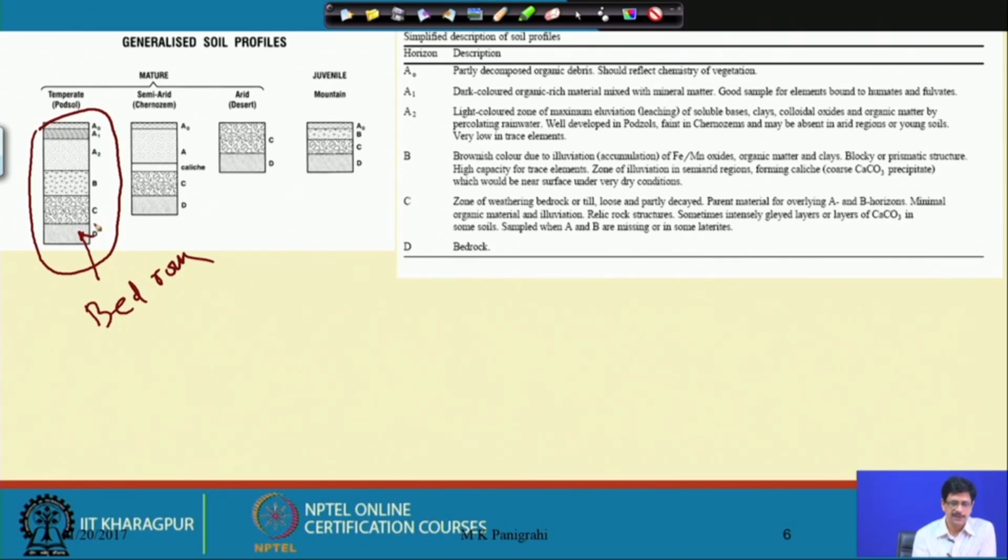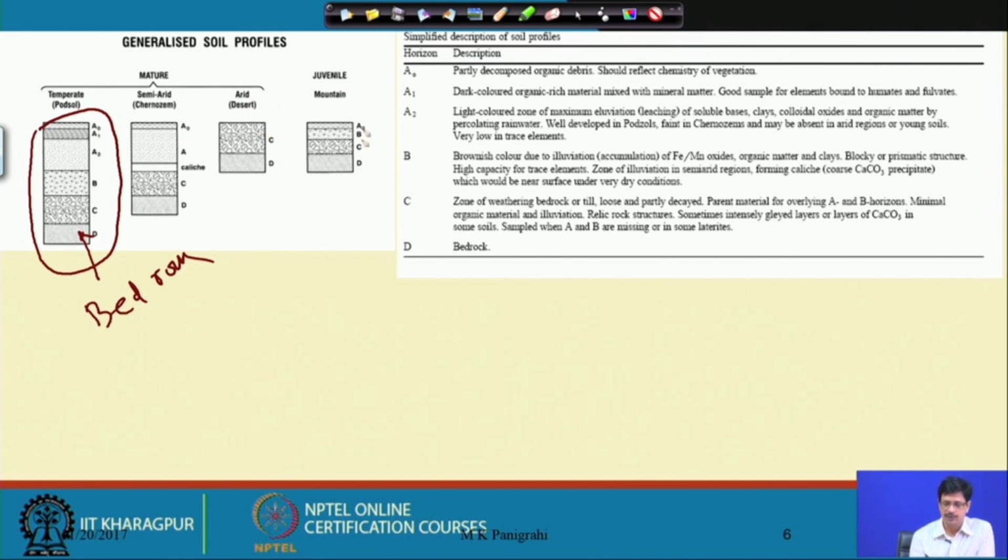These are well developed in podzol zones in the humid climate. So the soil profile shown for a temperate climate will be different from the soil profile occurring in a semi-arid region, in which we will not have a B layer, and in place of that we will have a calcium carbonate rich caliche. In an arid desert region we will not have any of these A0, A1 or A2 zones.